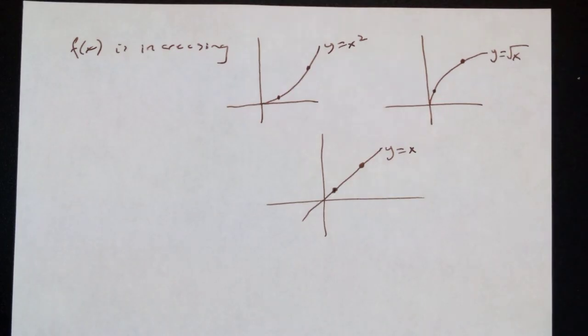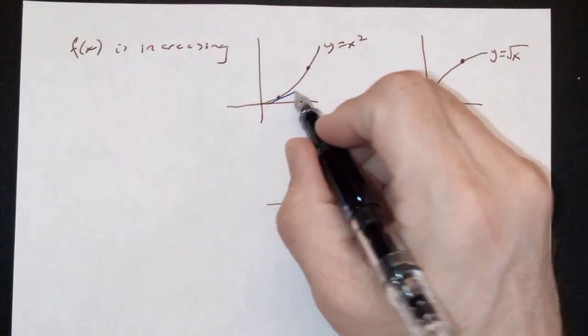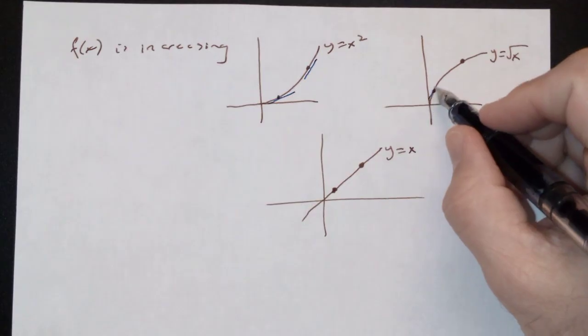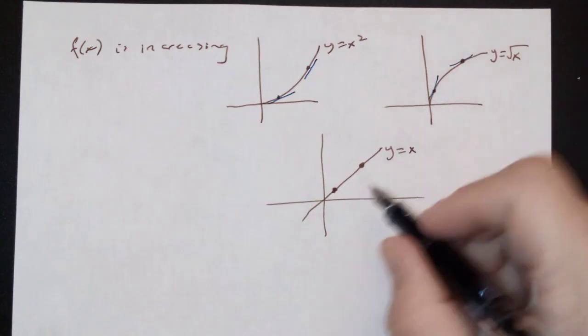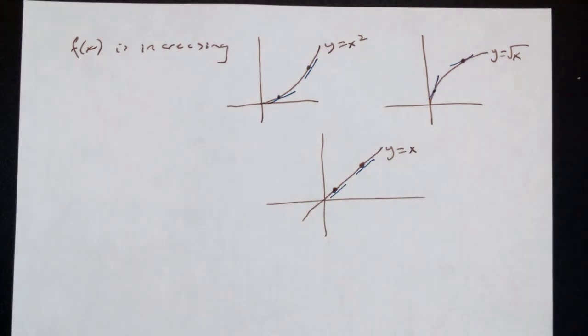If I draw a tangent line, or at least a little piece of one, at each of those spots, in the first two, the slope is changing. The third one, it isn't.